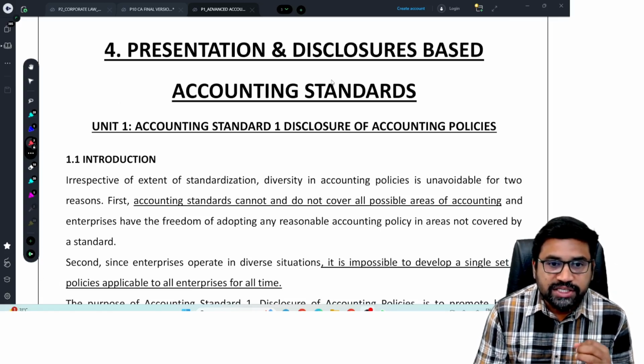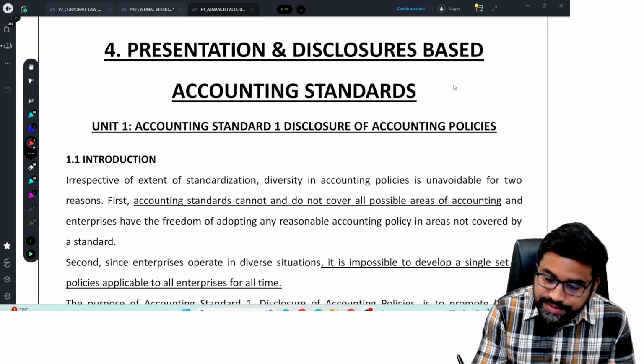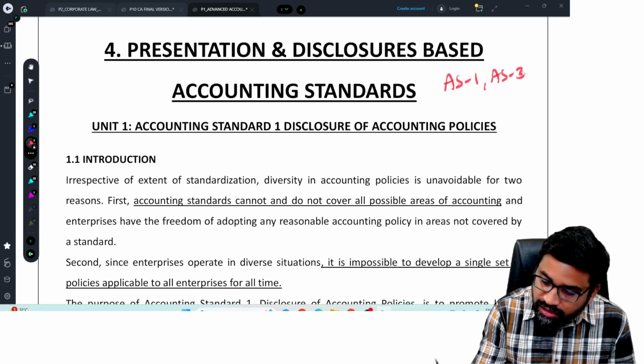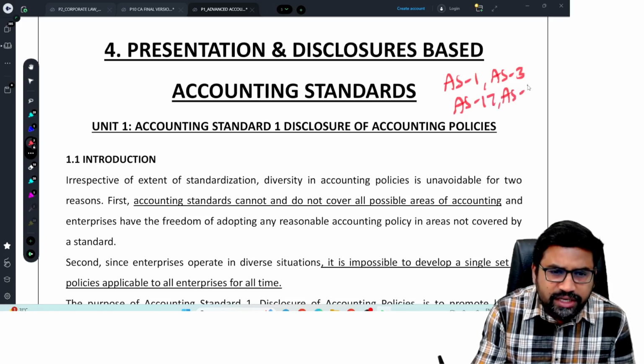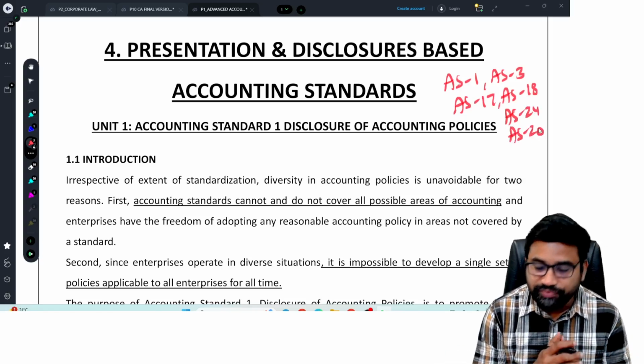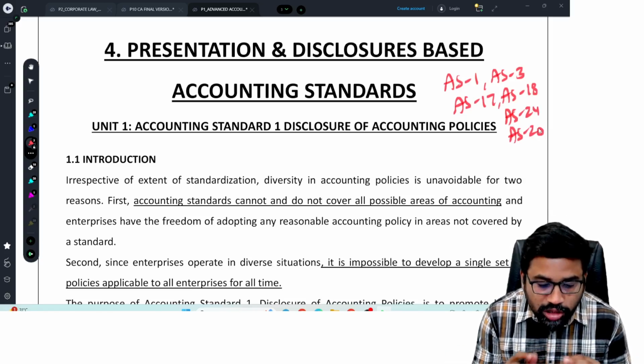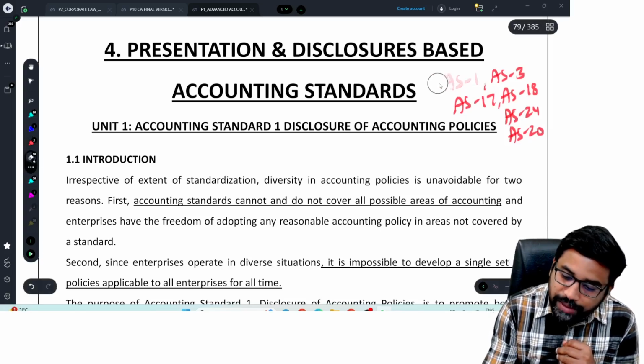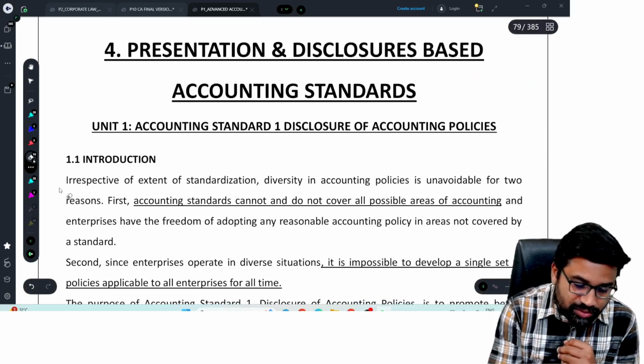These include accounting standard 1, accounting standard 3, accounting standard 17, accounting standard 18, accounting standard 24, accounting standard 20. Like this, 5 or 6 standards are there, and all of them come under presentation and disclosure based accounting standards.